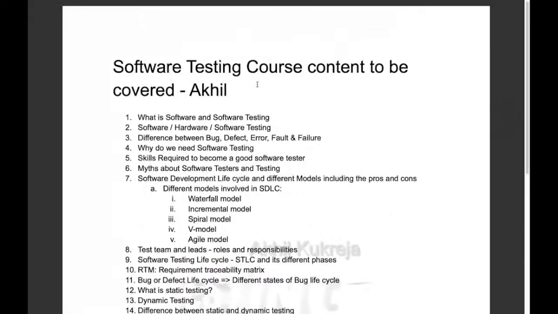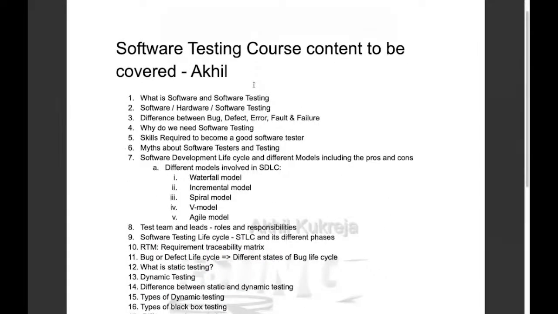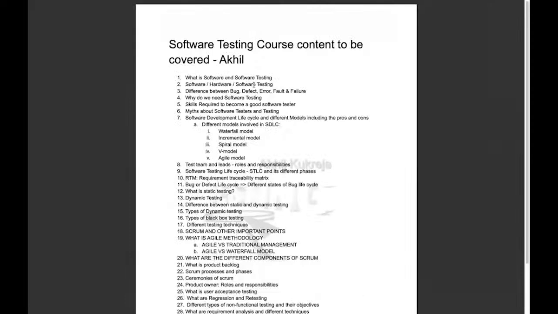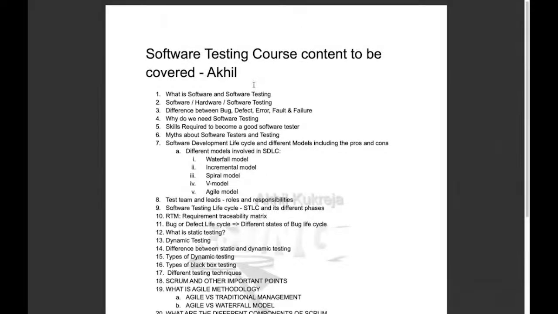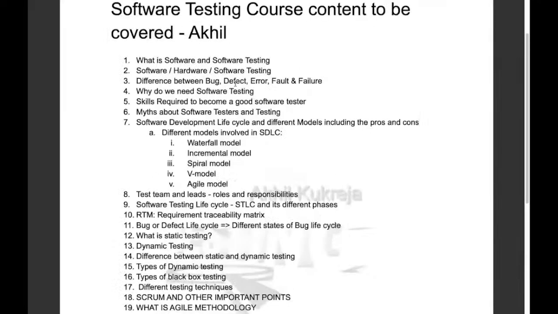So for today, the basic agenda would be giving you a walkthrough of what exactly we would be covering in the coming sessions, of which the curriculum says what exactly software testing is, what is a software, what is software testing. Then we have different types of software testing, what exactly is hardware, software testing, then bug, defect, error, fault, failures.